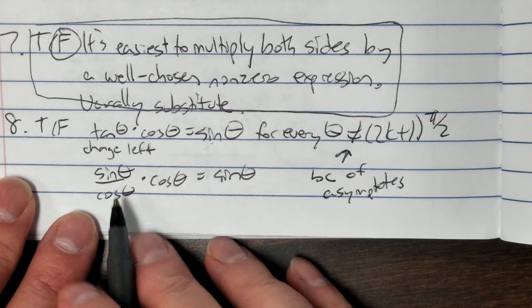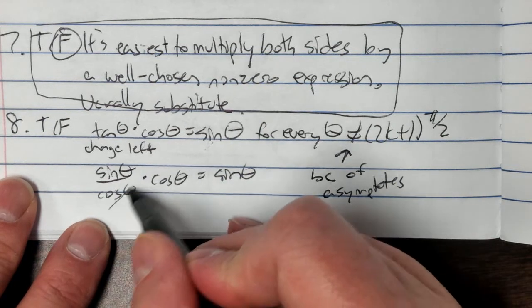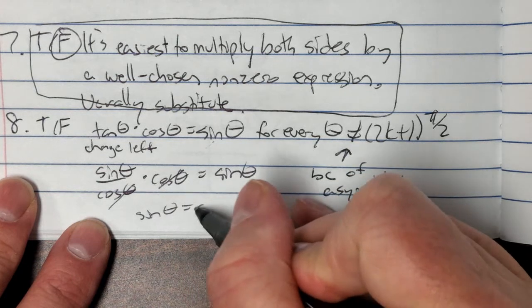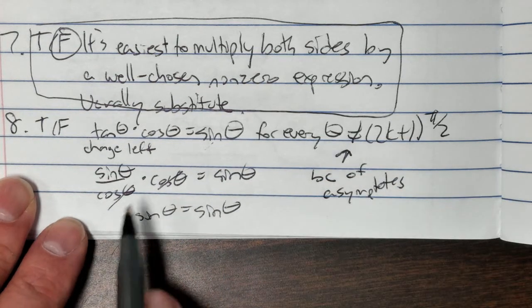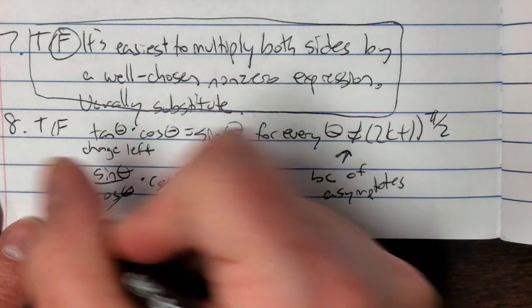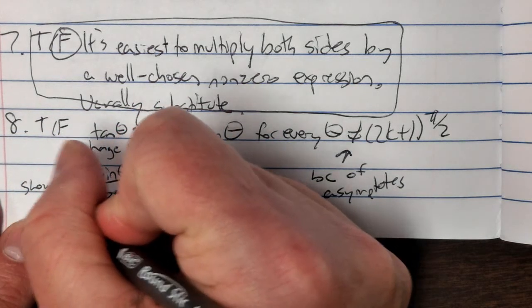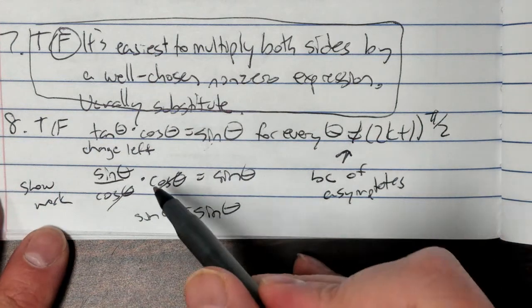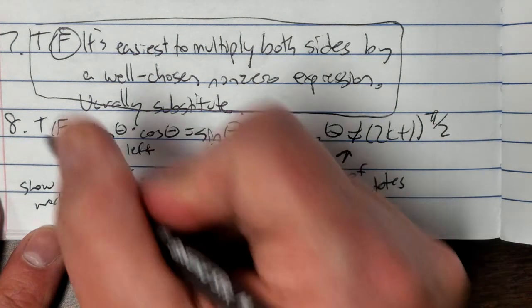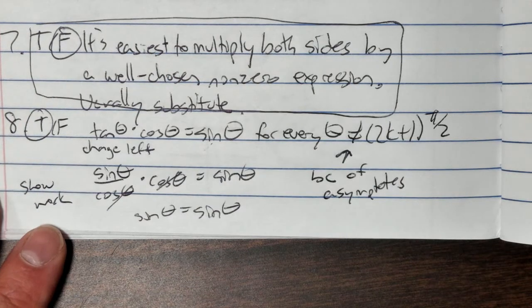And after that one step, it's easy because your cosines cancel and you just get sine equals sine. You are going to have ones like this where you're going to have to show work. And by the way, it did end up matching up, and so it's true.